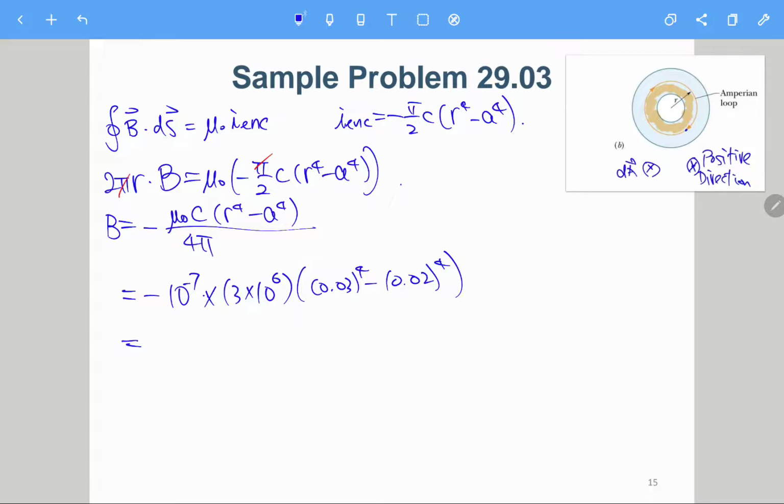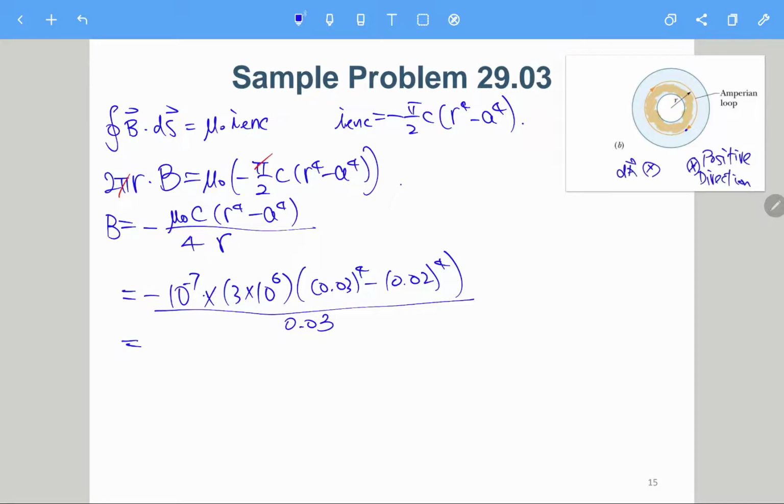Oh, I skipped an r here. Here we should have an r, so all over 0.03. Sorry, the pi already cancelled, so it should be 4r here.